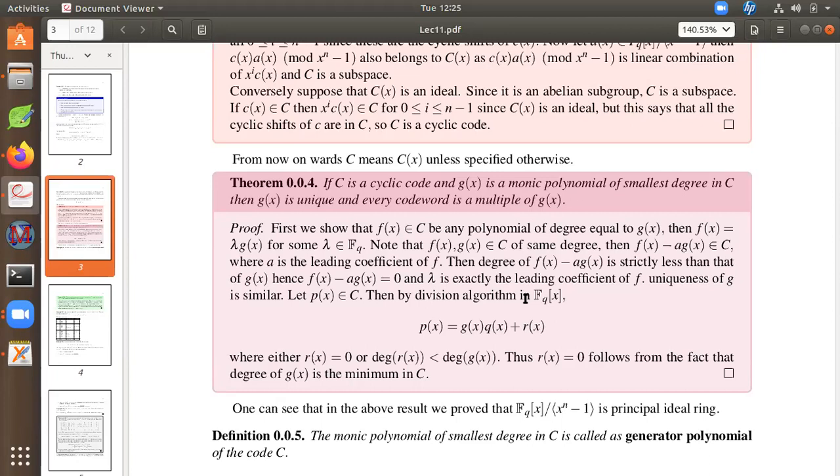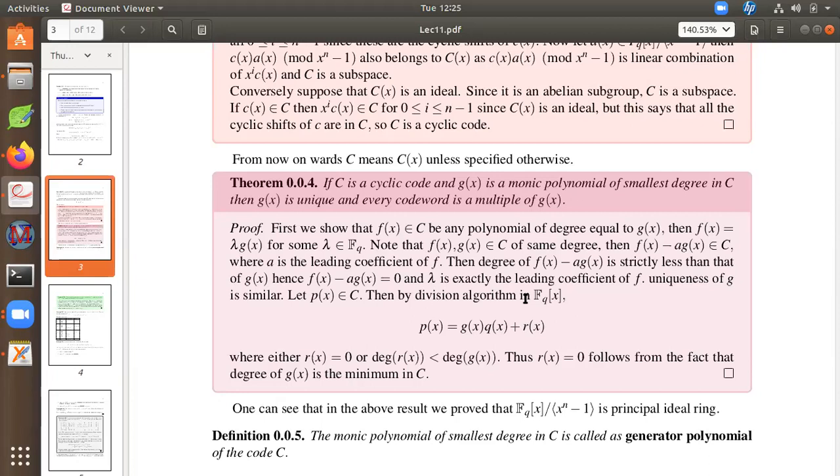So lambda is exactly the leading coefficient of f. The uniqueness of g can also be proved in a similar way: if two are there, again subtract. That's the way.